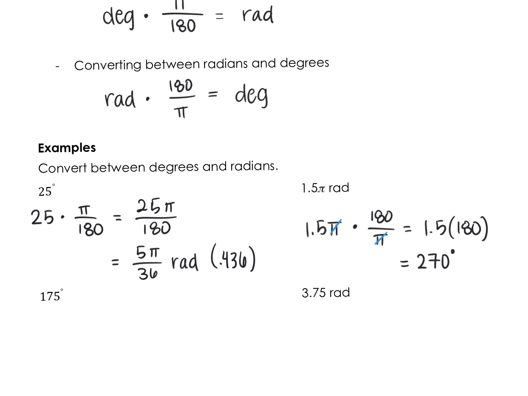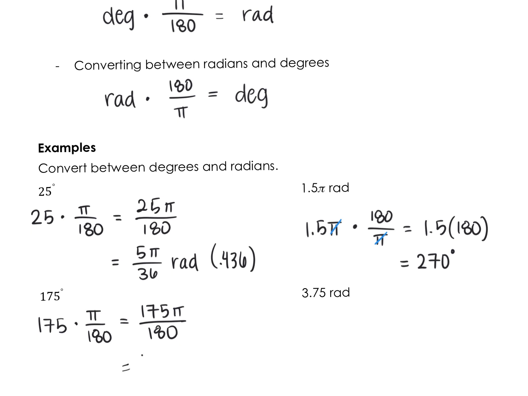Okay. Next example, we have 175 degrees. So we're going to do 175 times pi over 180, which gives us 175 pi over 180. And again, we're going to divide by 5.